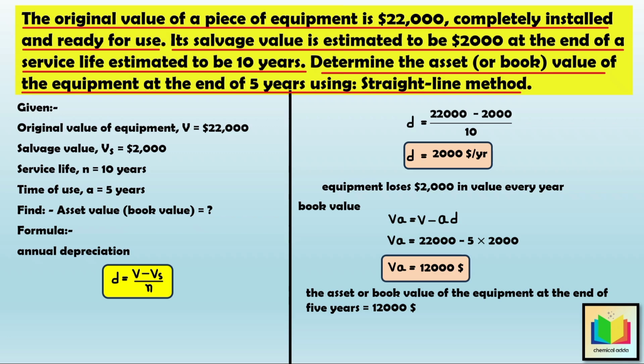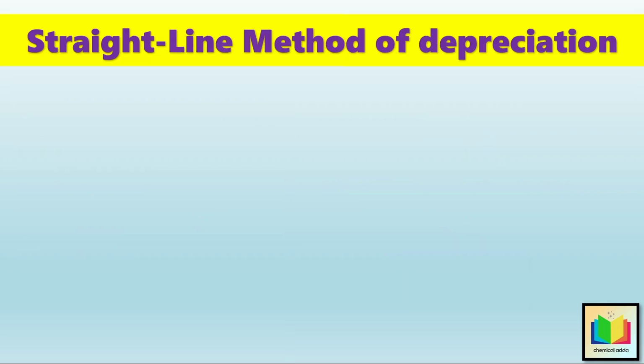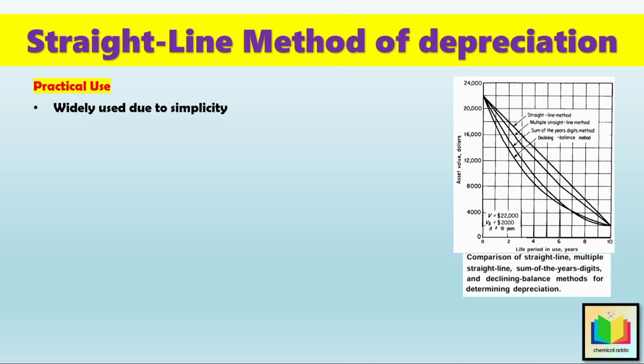Now let us talk about how this method is used in practice. Because of its simplicity, the straight line method is widely used for determining depreciation costs. Design engineers commonly use this method for economic evaluations, unless there is some specific reason for using another depreciation method.